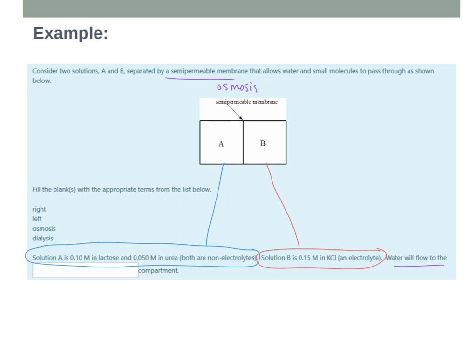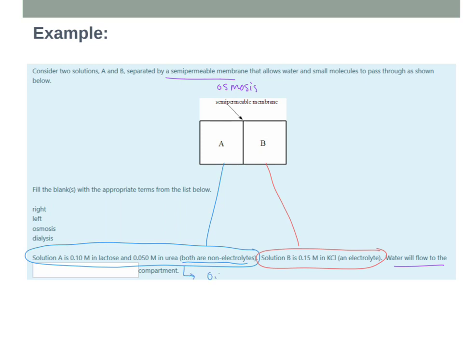So let's take a look at this. Solution A says that I'm 0.1 molar in lactose and 0.05 molar in urea. It tells me that both are electrolytes, but I could also just Google them and see that they are covalent compounds, so I know they're not going to dissociate. So in this case, I just need to add them up.